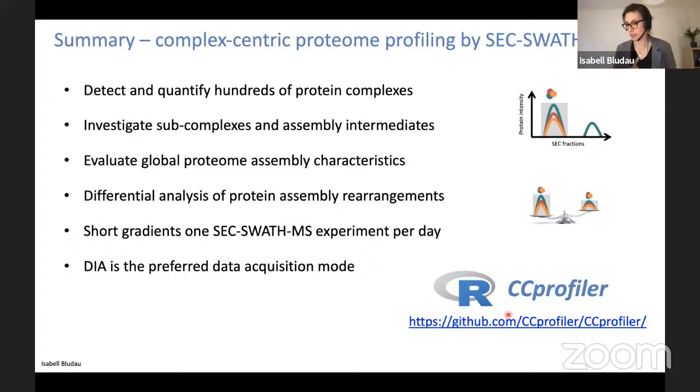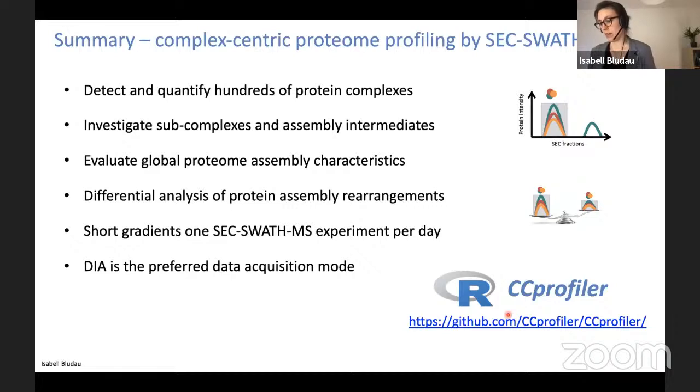I quickly look at the question here. If one does not have the possibility to do DIA, is it fine to do 30-minute DDA measurements? So a lot of studies have been done with DDA, and I think this is fine. I mean, as I said, there are challenges associated with it, and the quality of your chromatograms might not be as nice, and the scoring might suffer from it.